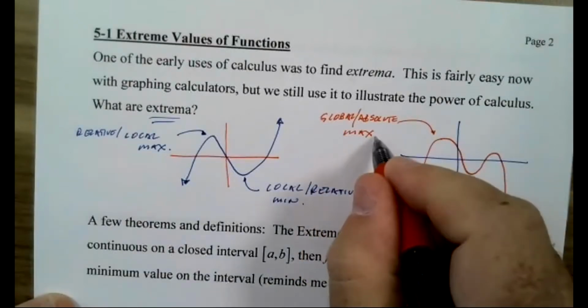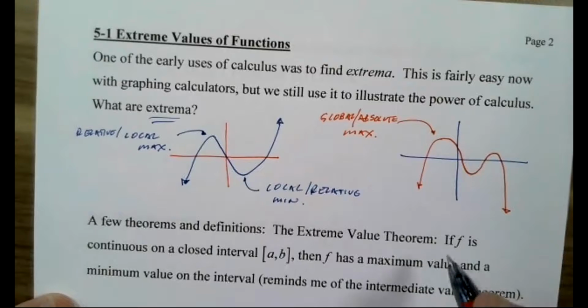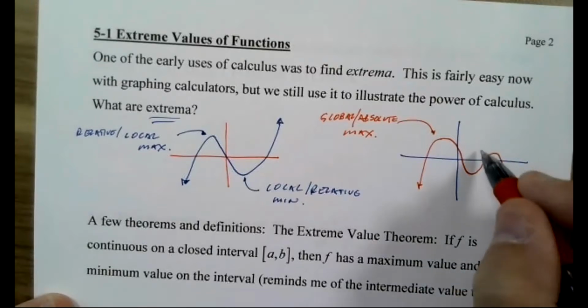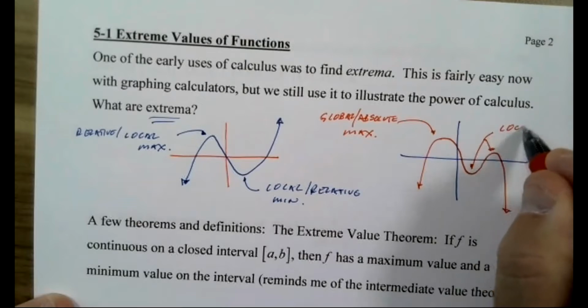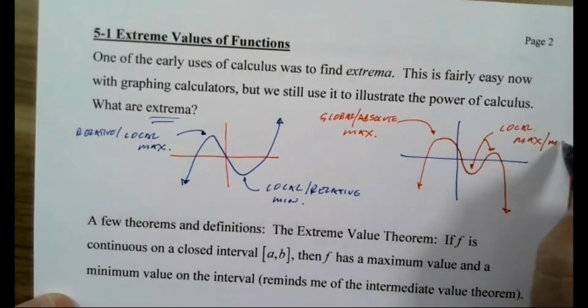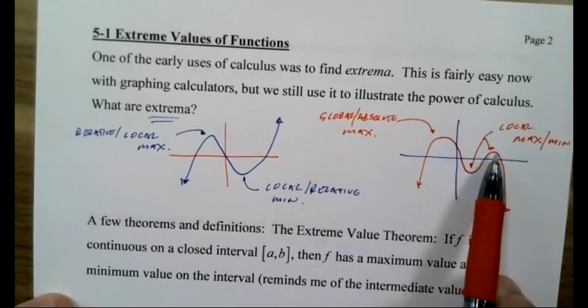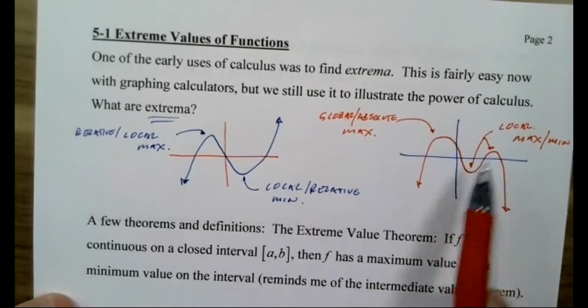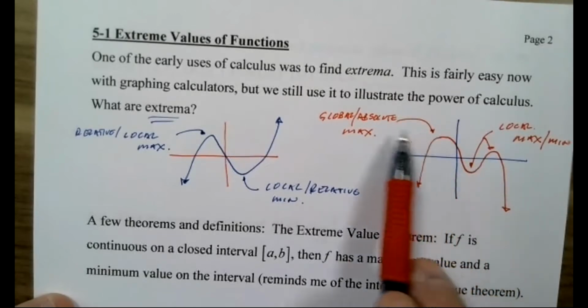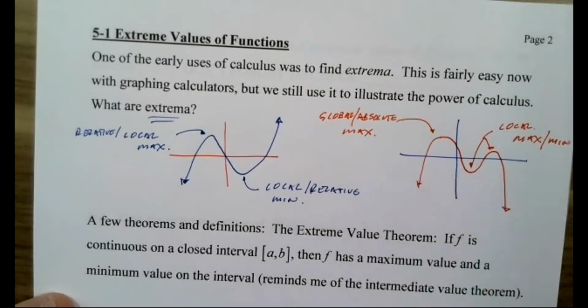I throw max and min around, so watch me because I'll screw it up. And then these are just relative max and min. That's a max, that's a min, but it's local or relative. This is the highest point of the graph, so it gets to be called absolute. You just got to work it out.